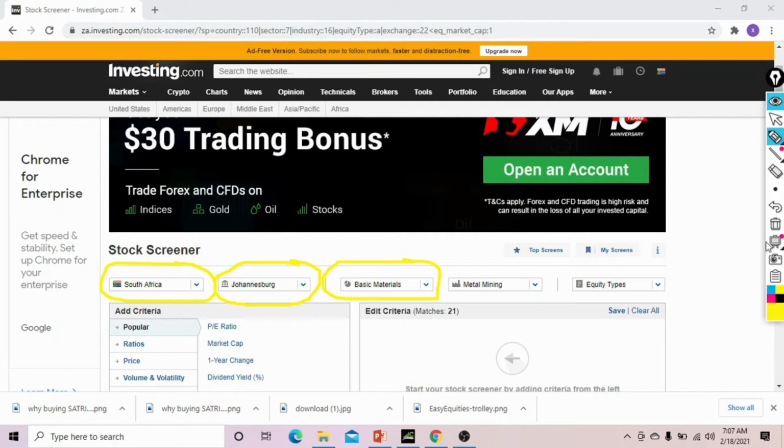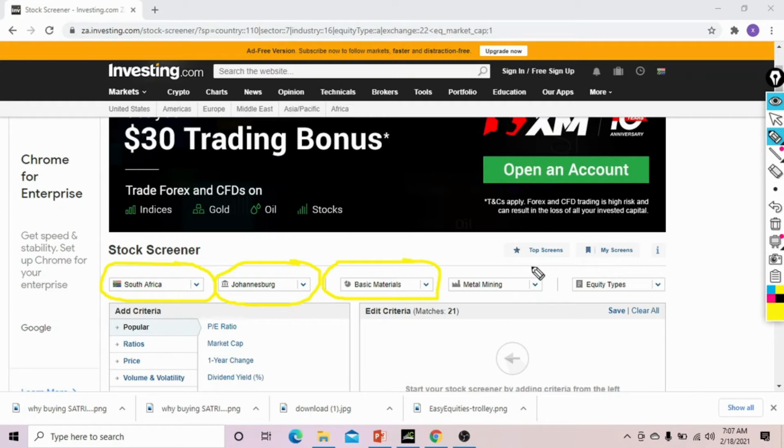Don't take what I'm saying and go out there buying all the mining companies randomly. You still need to do deep research, checking their financial statements, their economic moat, whether they're making money in terms of revenue, profit, and earnings per share, and whether they are growing consistently or not. Here I'm just sharing with you this tool, which is quite important and can shorten your research.